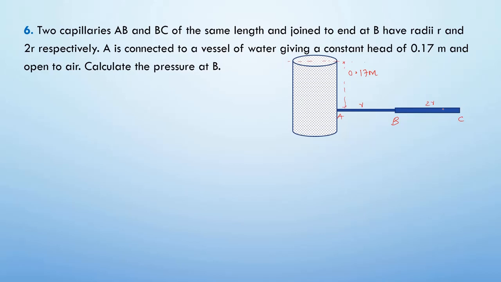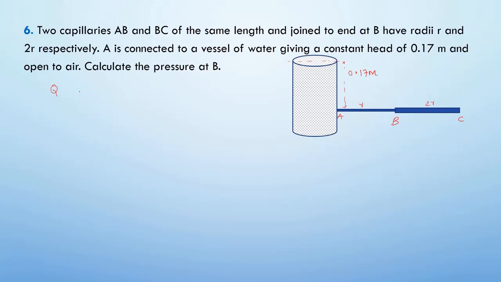What we know is that the rate of flow through the capillary tube AB should be the same as the rate of flow through BC, because the same amount of water comes out of it. Therefore, Q should be the same for both tubes. The water flowing through AB should flow through BC also. So the volume rate of flow will be the same.